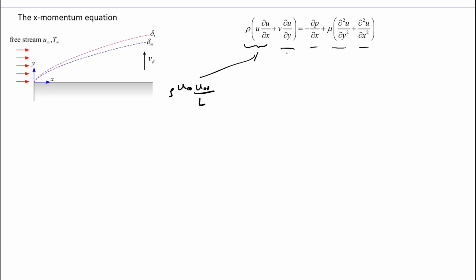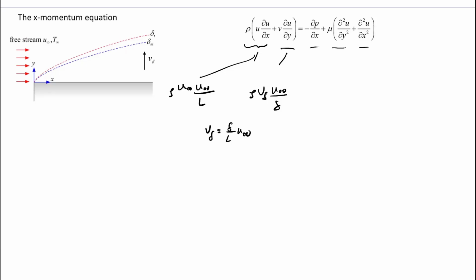Let's look at the second one. The order of the second one is again rho, times the V velocity, which is V sub delta, and then the U velocity, U infinity, divided by delta. Remember that V sub delta is approximately delta divided by L times U infinity.